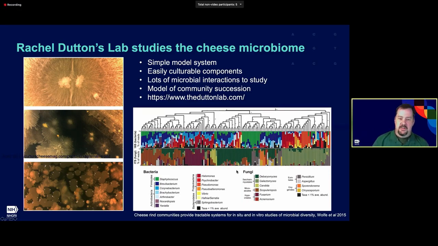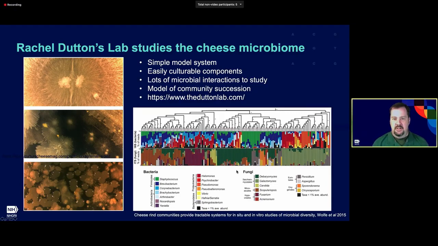It's actually an excellent model system for understanding how bacteria are involved in the conversion of one molecule to another, but also in things like succession, where with cheese, you might start out with one community of microbes early in the cheese making process, and then that evolves over time, and the composition of bacteria and fungi change over time. And that's actually not a bad analogy for what happens with humans, where the human microbiome develops from infancy to adults.